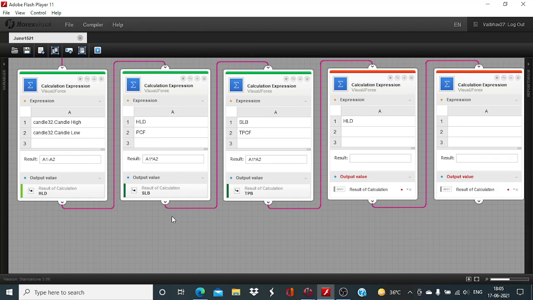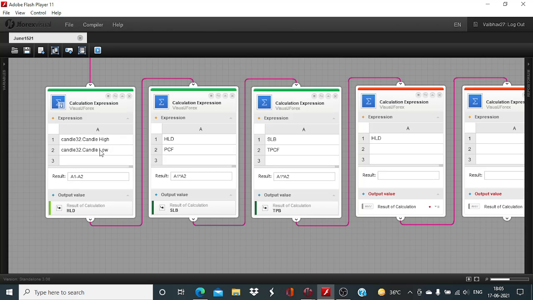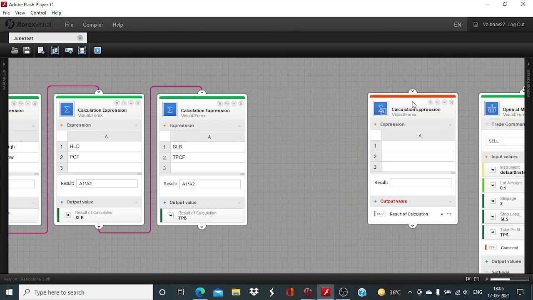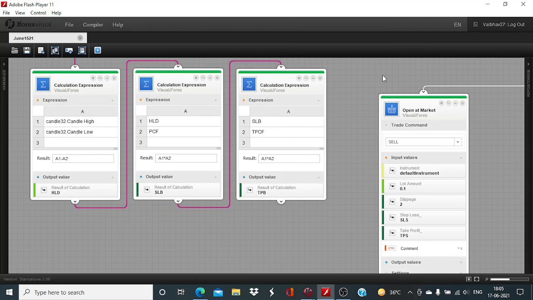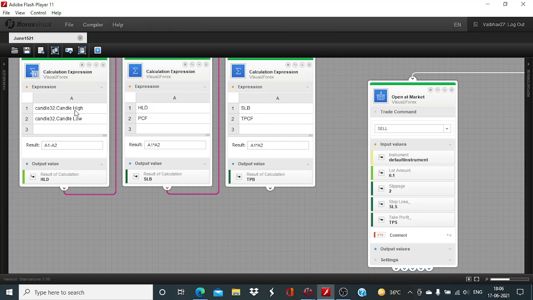Because last time around, we were considering the candle closing and candle opening value, but this time around, we are simply relying on the high and low. So we don't need to carry out the fresh calculations. I was mistaken, I overlooked that this is the simple difference between the high and low.